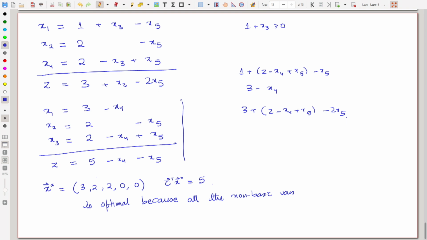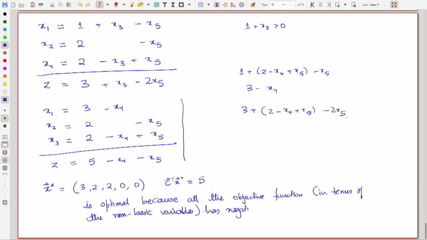To be precise, I should say the objective function in terms of non-basic variables has negative coefficients.